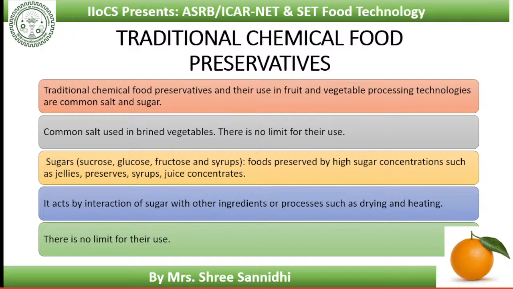Common salt is used in brine vegetables, and they don't have any limit for their use. Sugars like sucrose, glucose, fructose and syrups are also used, as foods are preserved by high sugar concentrations such as jellies, preserves, syrups, juice concentrations, etc.